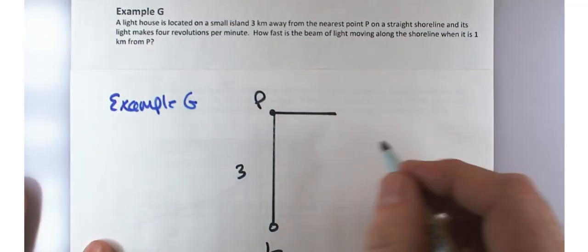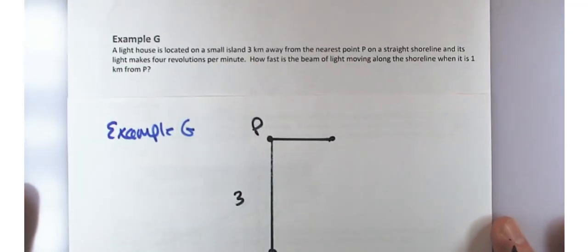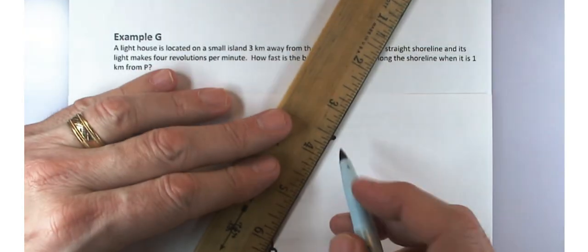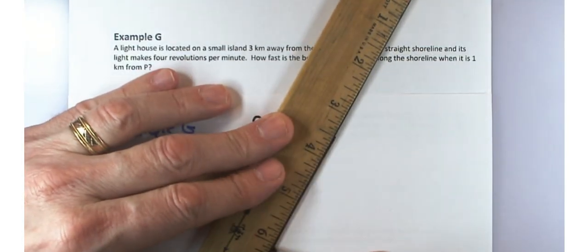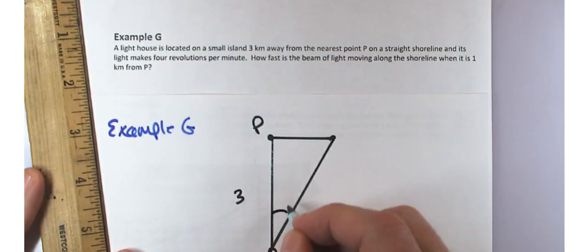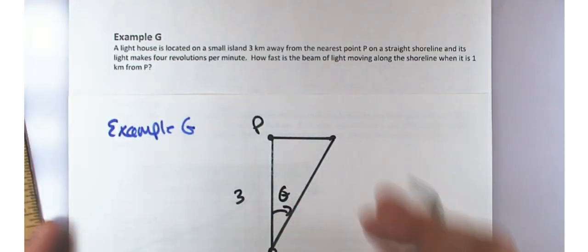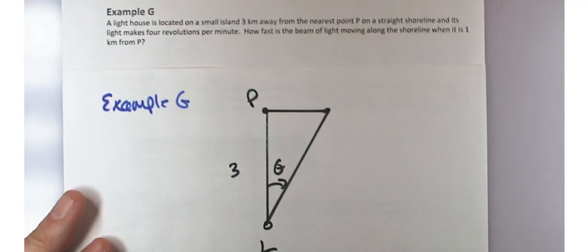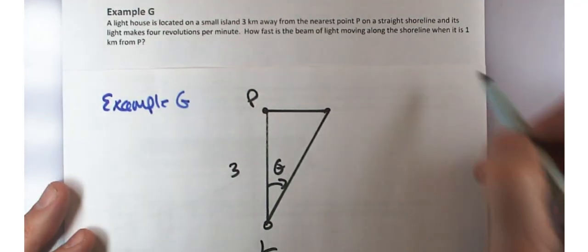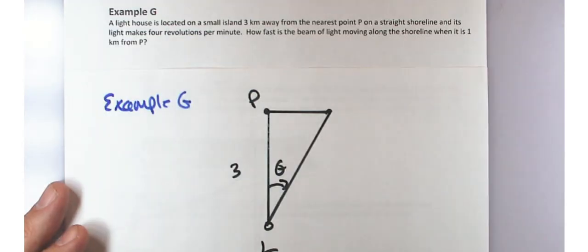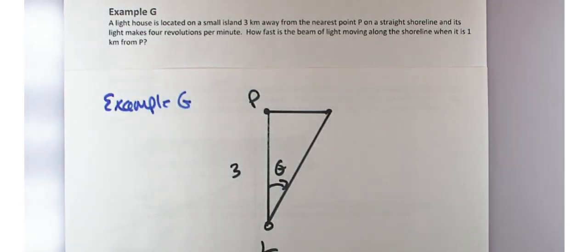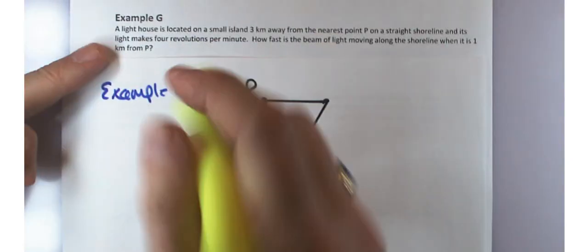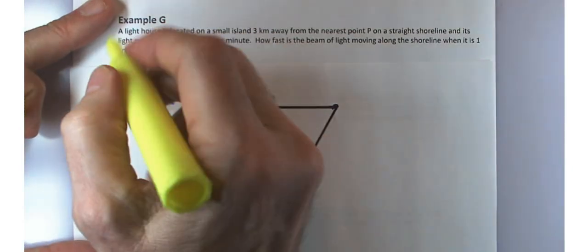And the lighthouse is rotating. So you've got some angle here, theta. And it's rotating such that the light makes 4 revolutions per minute. So I want you to think about that. 4 revolutions per minute.